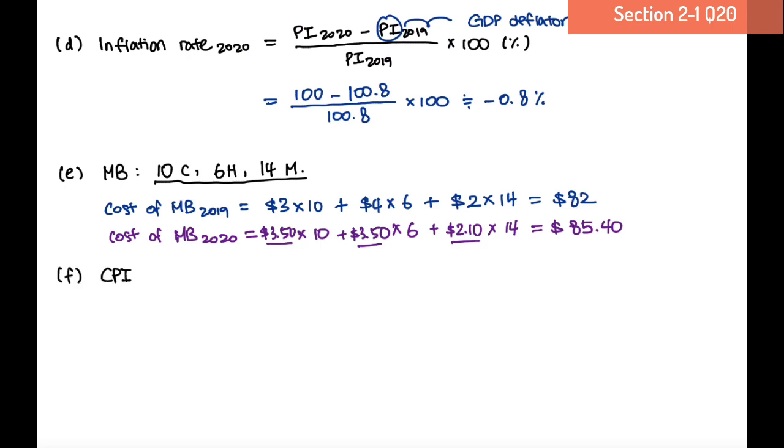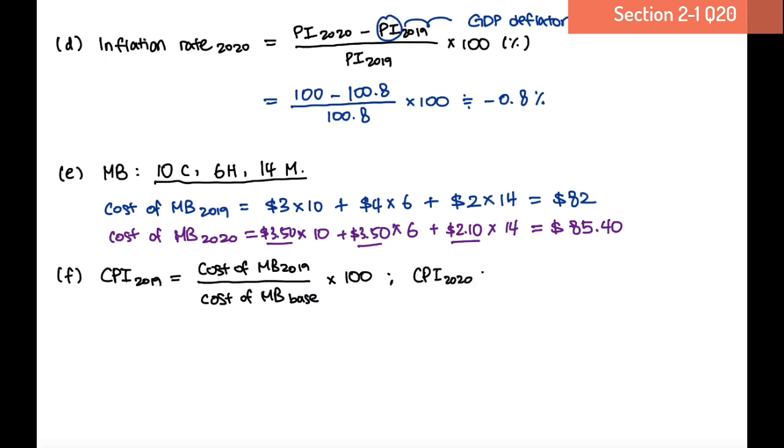Now we'll find the CPI using the cost of market basket. The CPI, or the Consumer Price Index, is calculated using the cost of market baskets. So for example, in 2019, you're looking at the cost of the market basket in 2019 compared to the cost of the market basket in your base year times 100. And same thing for 2020.